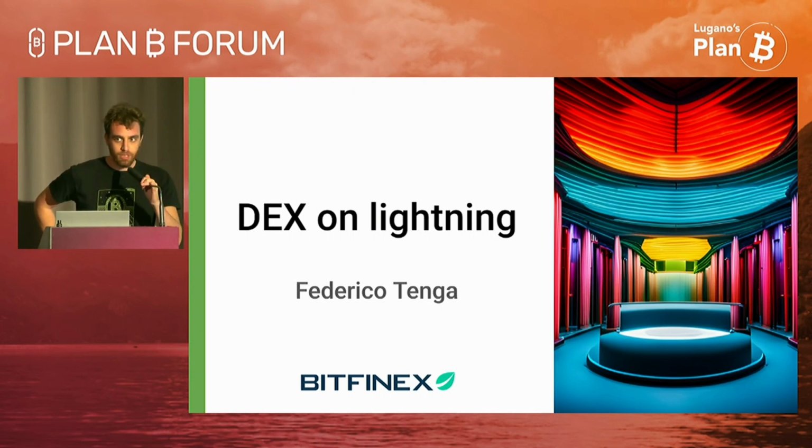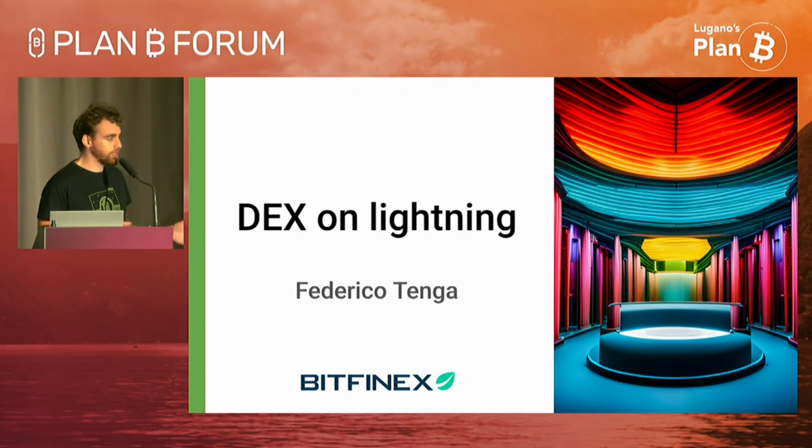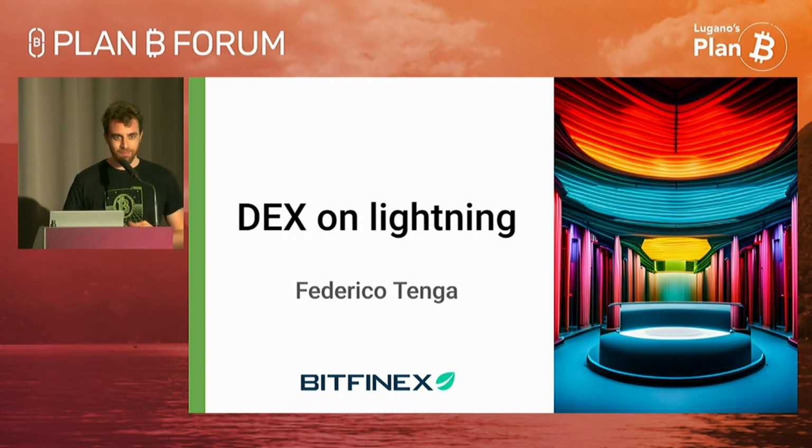What we're going to talk about today is how we can bring DEX functionality on top of Lightning Network. This workshop will be divided in three parts. First, I will give you some theoretical understanding of how RGB works, because spoiler alert, we do all of this with RGB.